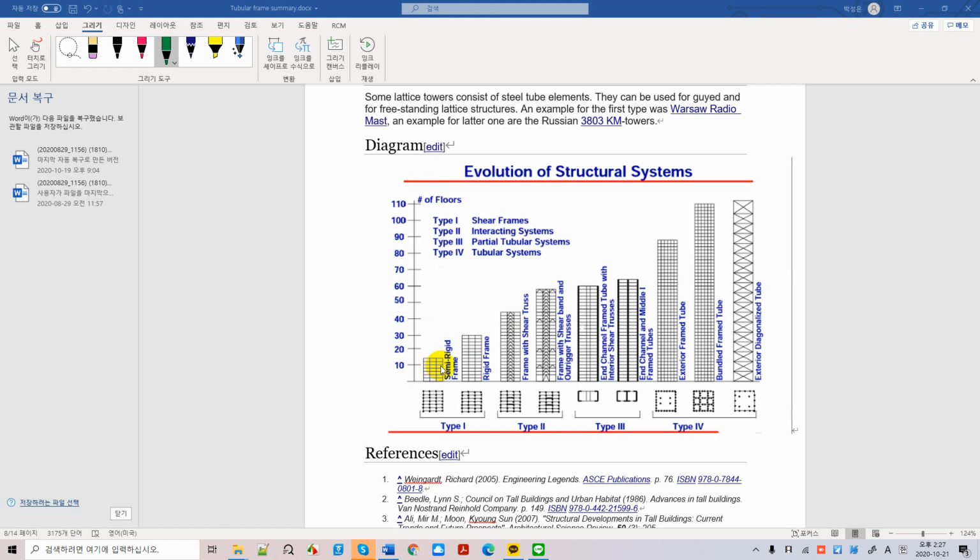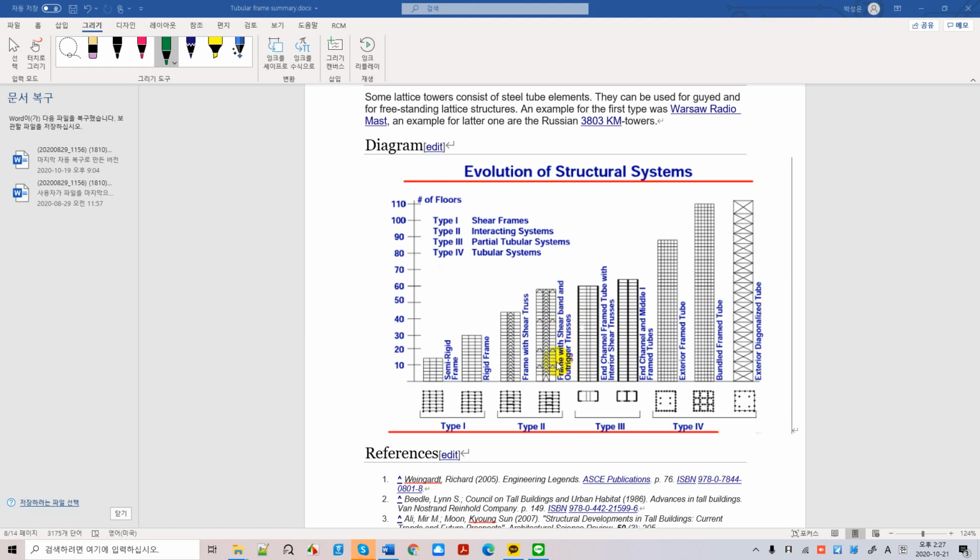So we can start with semi-rigid covering 15, rigid covering 30, and frame with shear truss can cover 45, and you can cover up to 60 floors if you add outrigger frames and belt trusses, frame with shear band and outrigger trusses.